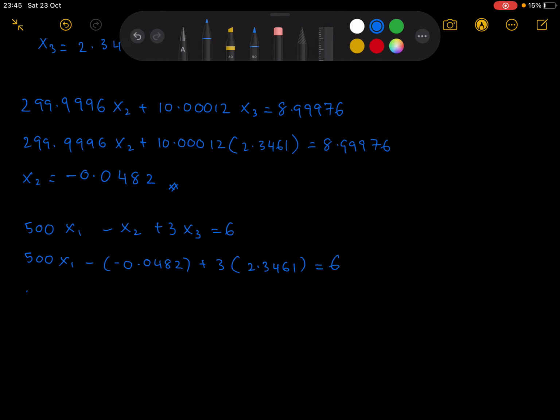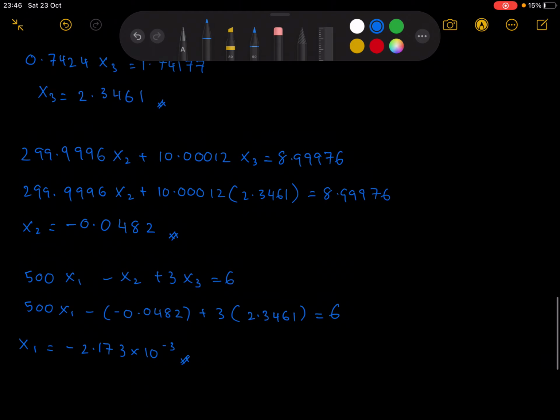So x1 is negative 2.173 times 10 to the power of minus 3.